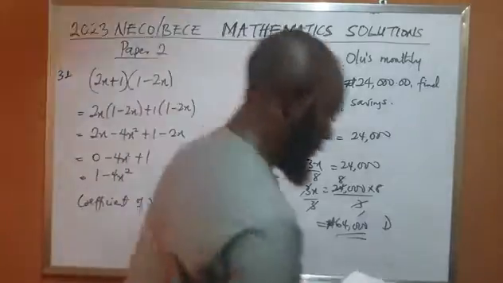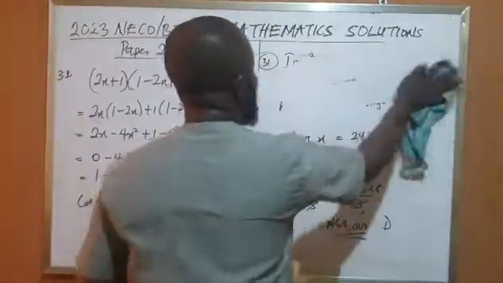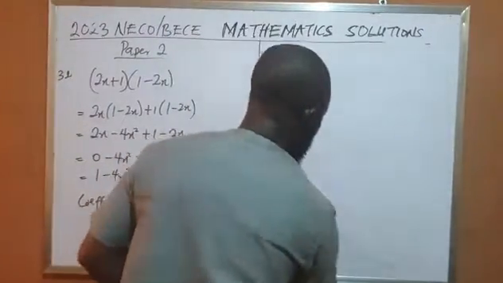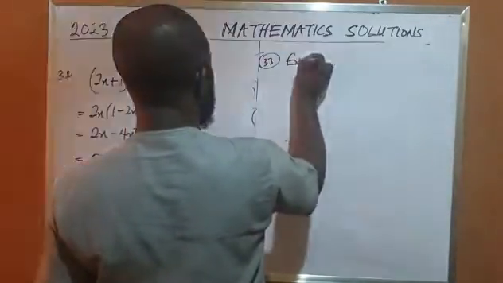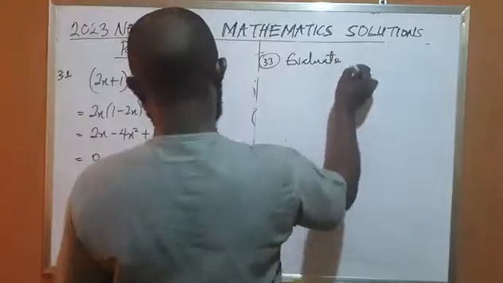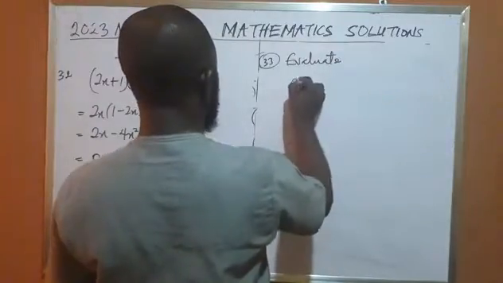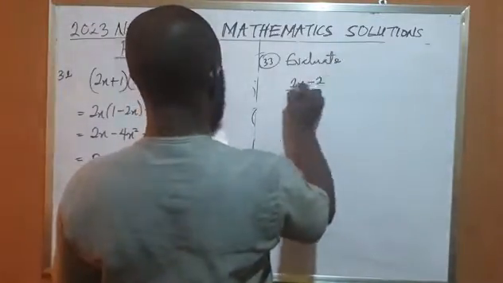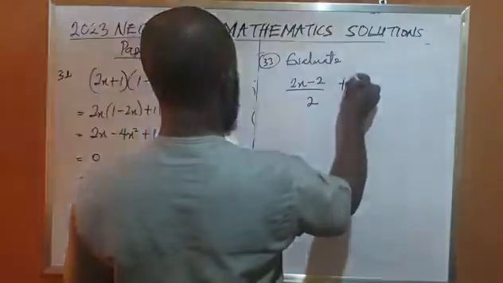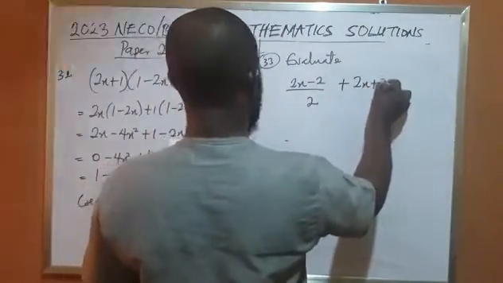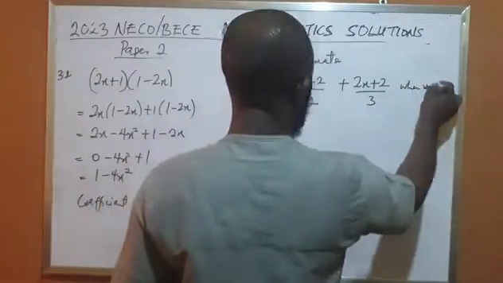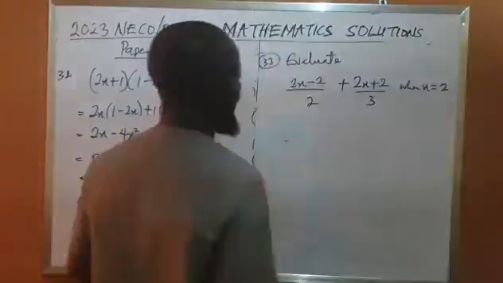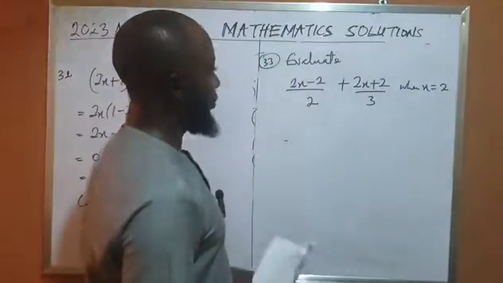Evaluate 2x minus 2 divided by 2 plus 2x plus 2 divided by 3 when x is equal to 2. Whenever we see x, we just put the value of 2 there.